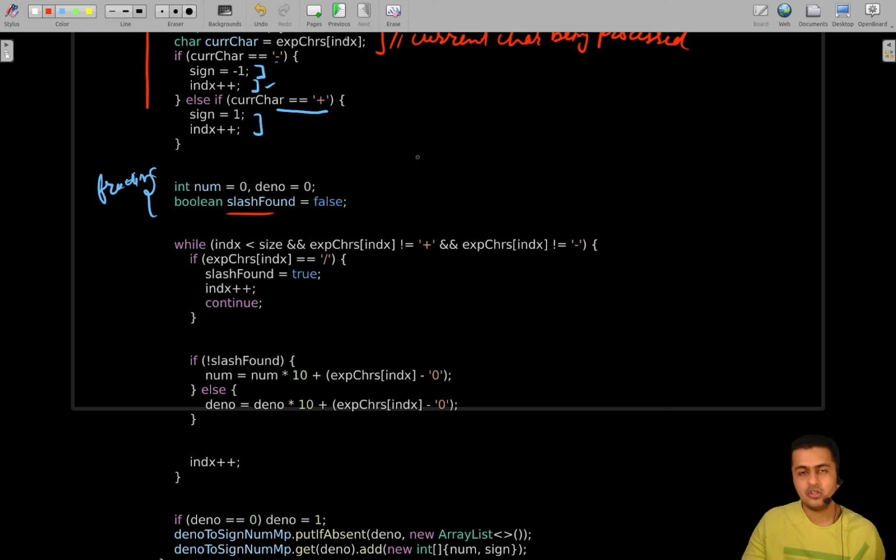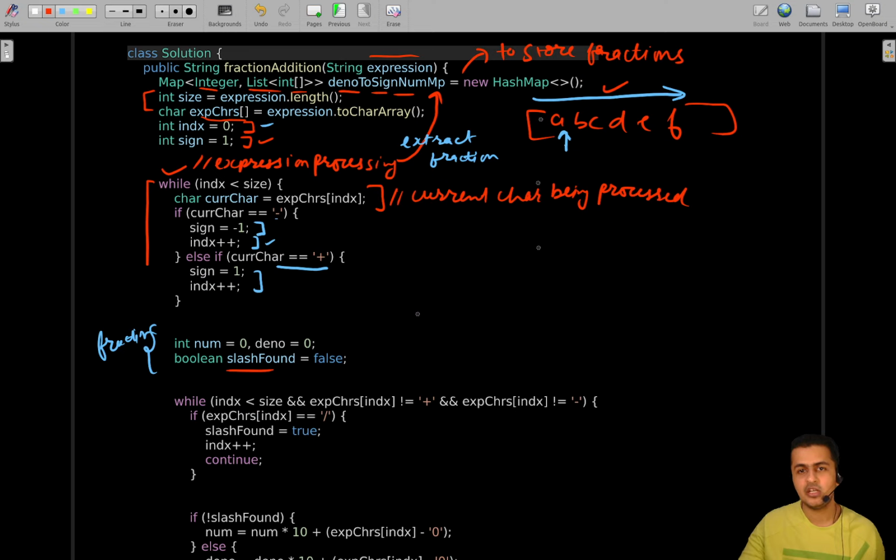As I told you, you need to form a fraction going from left to right till you see a sign, either positive or negative, and till then you keep continuing and forming your current fraction.